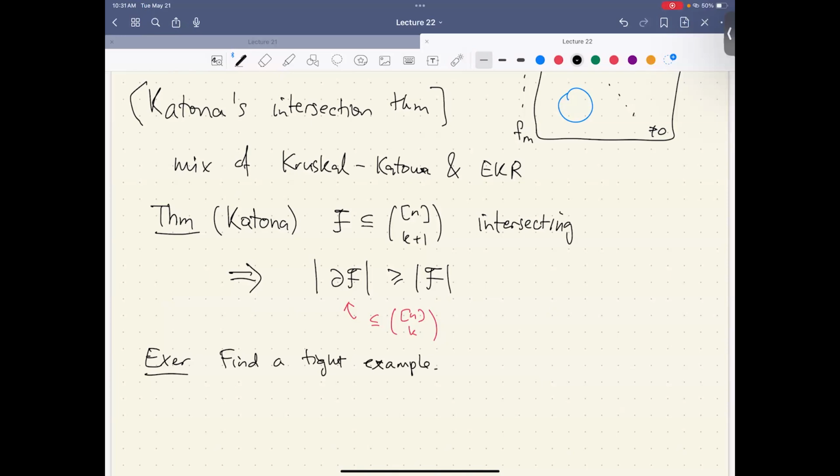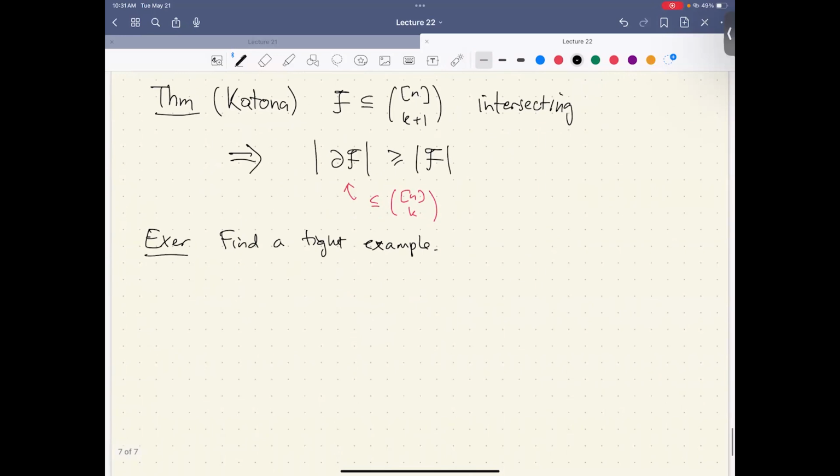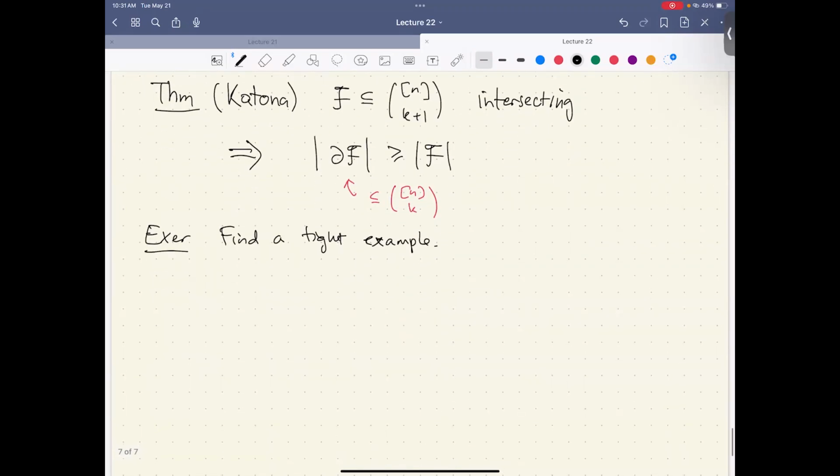How can we prove this? Let's see. Let's try to think a little bit.